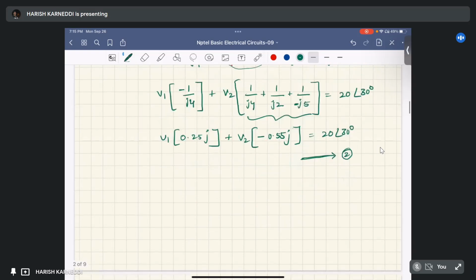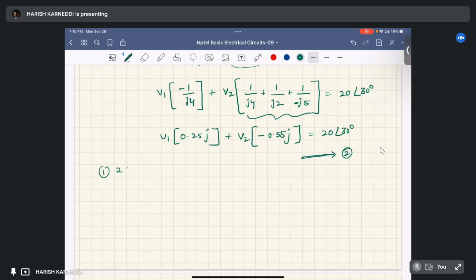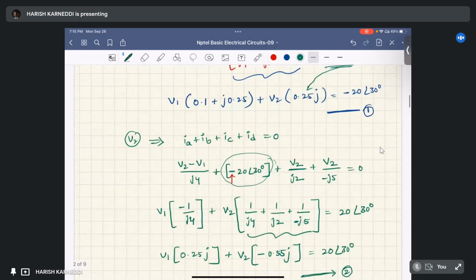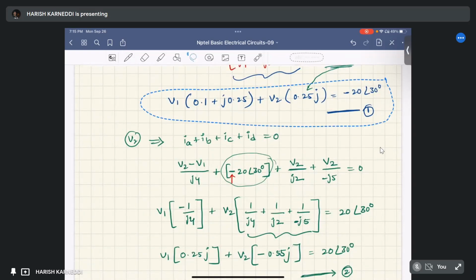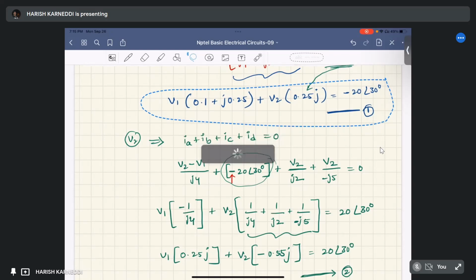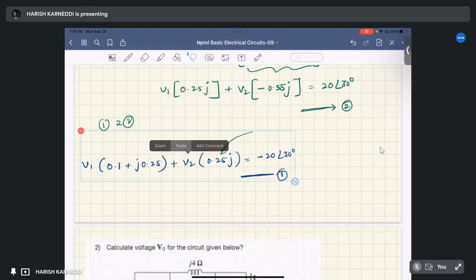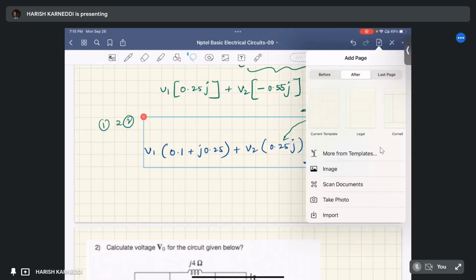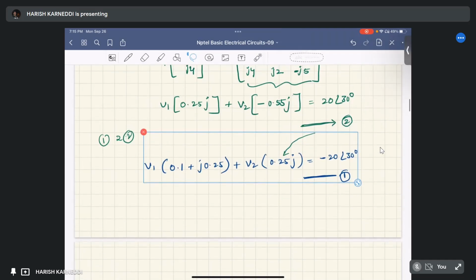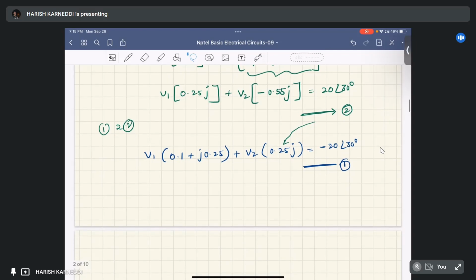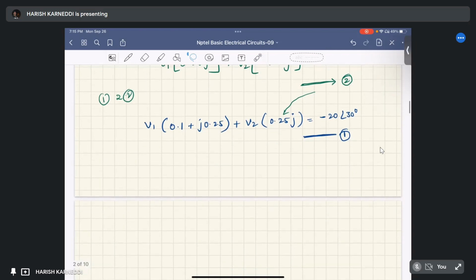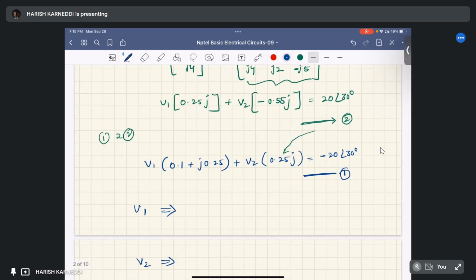From equation 1 and equation 2, we can find out V1 and V2, right? You can use the equation solver.